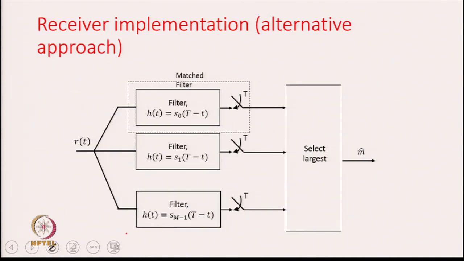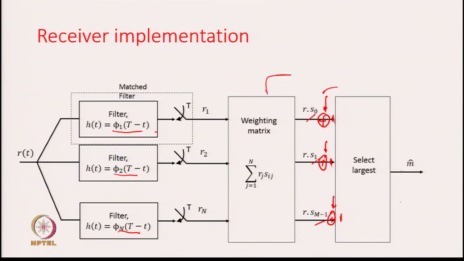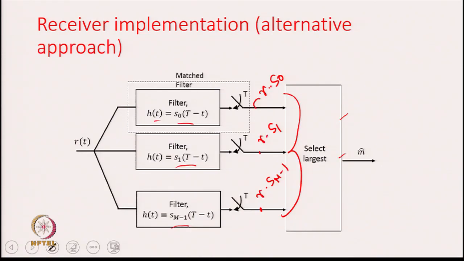In this case what we are doing is matching the impulse responses directly to the signals, and once you do this, you would see that this directly gives me the inner product between the received waveform and the signals. Okay. Now, once I directly get these inner products, you can appreciate that there is no requirement for the weighting matrix, and hence this architecture looks simpler.